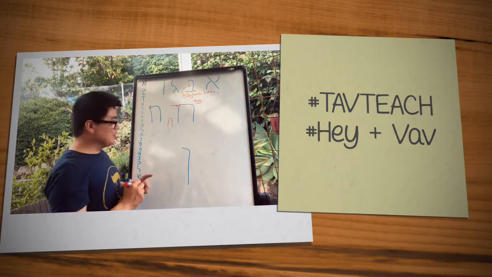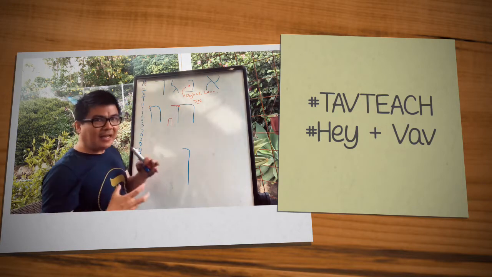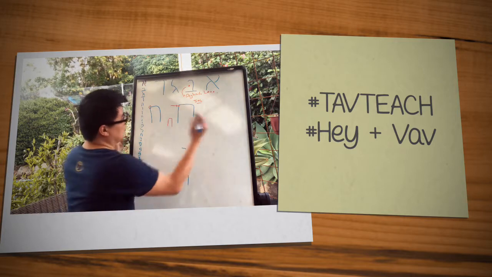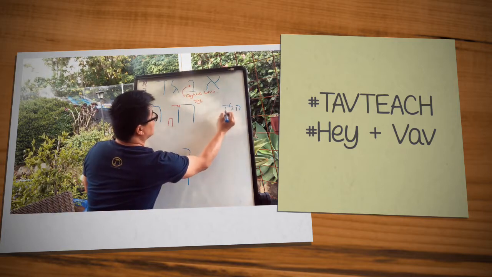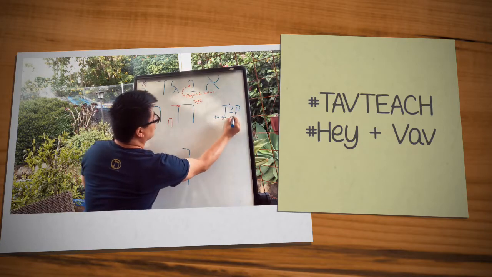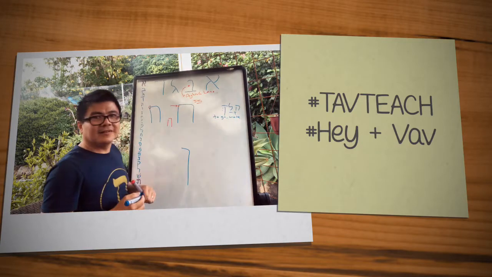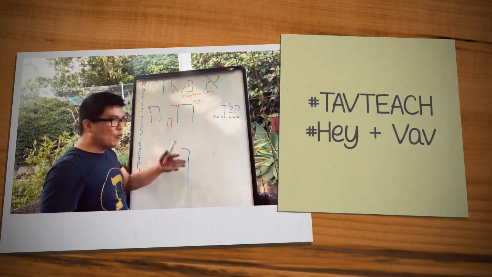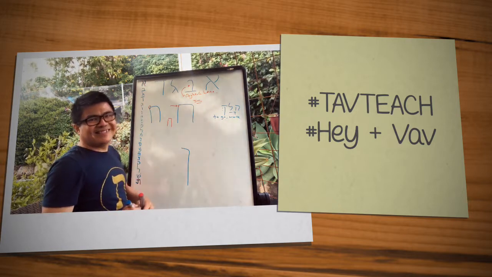What are some examples of famous words that contain Hey or begin with Hey? One simple word I can think of is halak, which is to go or to walk. For example, in Genesis, Abraham walked with his son to the mountain for 3 days.